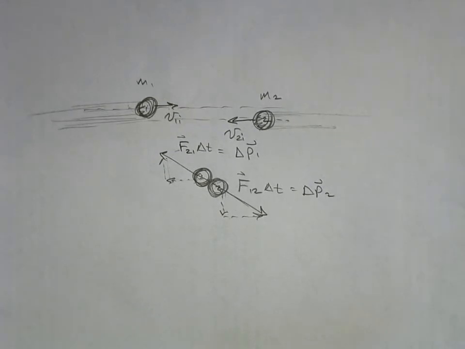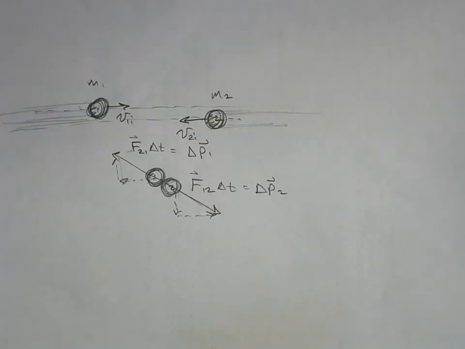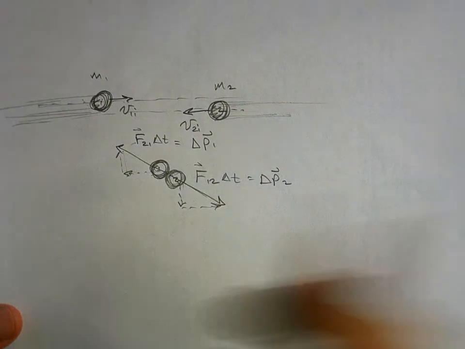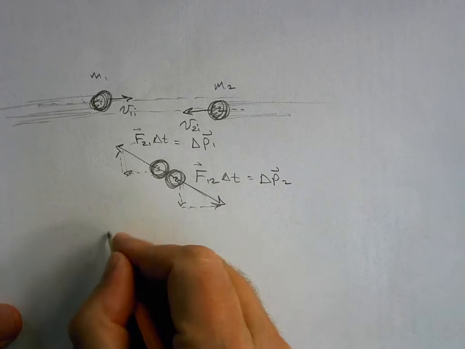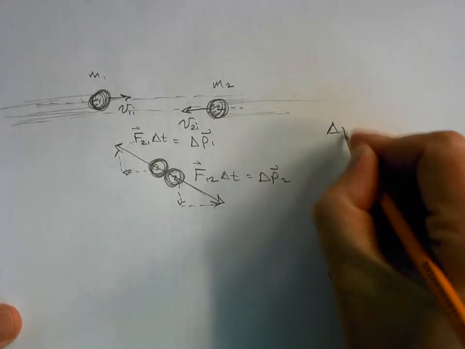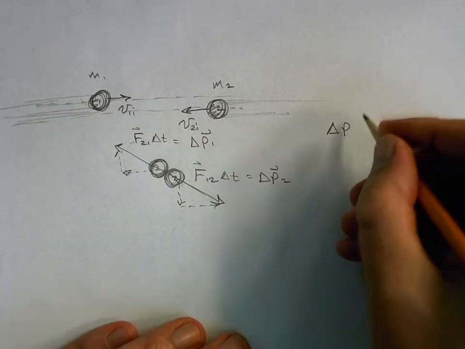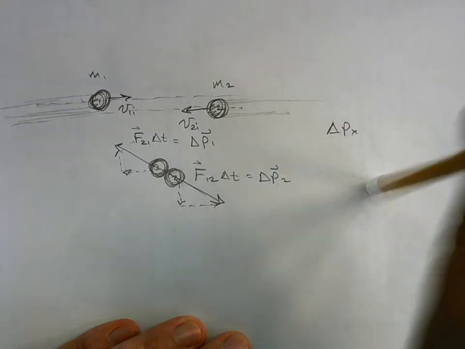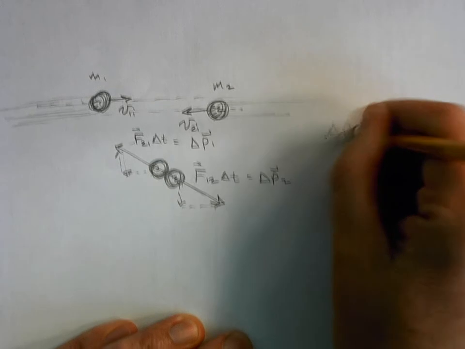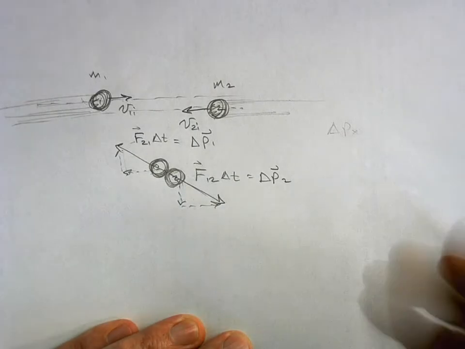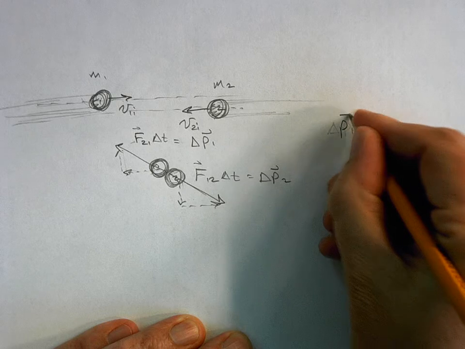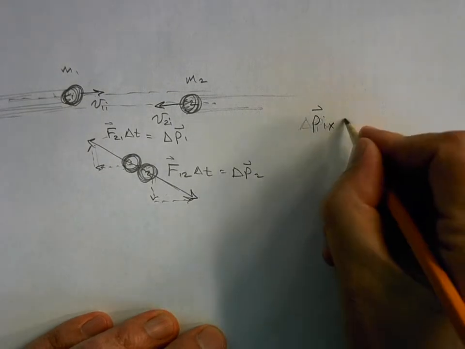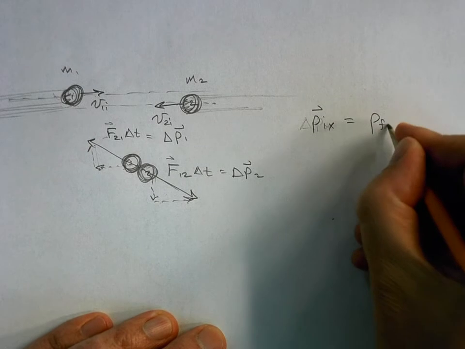Okay? Which means that we're going to be able to do this. So what we can do is say that the initial momentum in the x direction has got to be equal to the final momentum in the x direction.